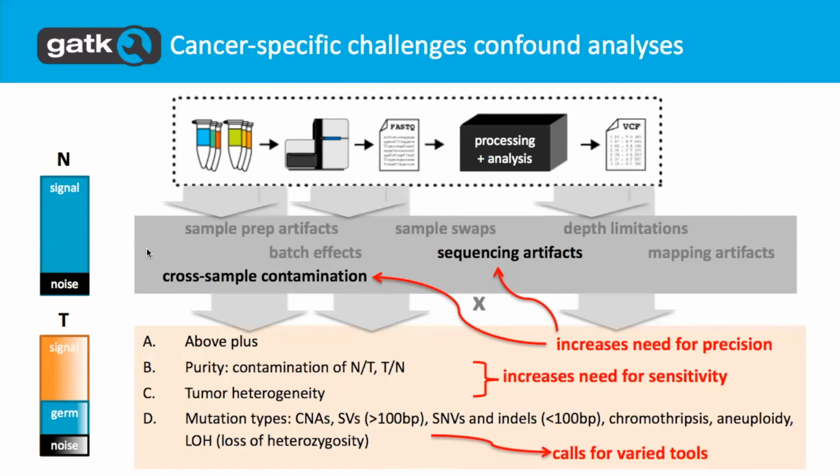But there's also a few other problems that we need to take into account, like sample swaps. This is something that happens in all cases. If you're swapping your samples, like literally mislabeling samples, you want to think it doesn't happen, but it does. We've seen some projects in the past where we processed samples for an external collaborator who will not be named, where there were a lot of sample swaps, just samples that had the wrong identifier.